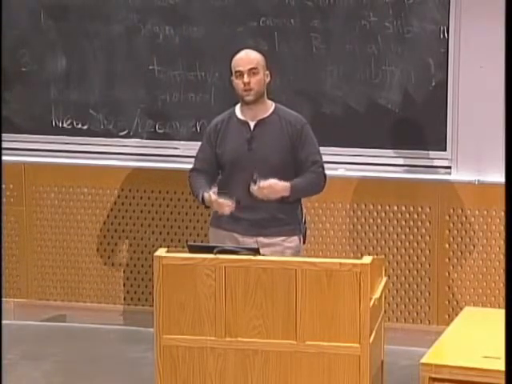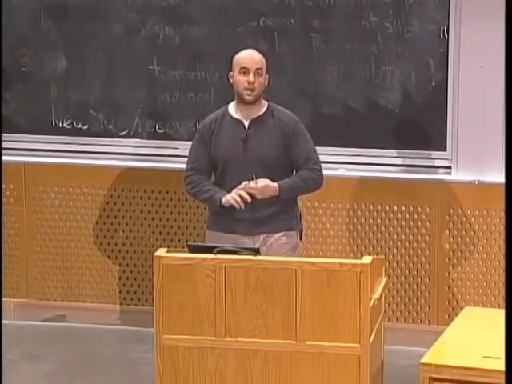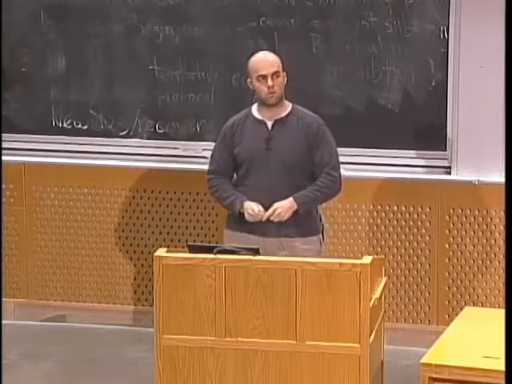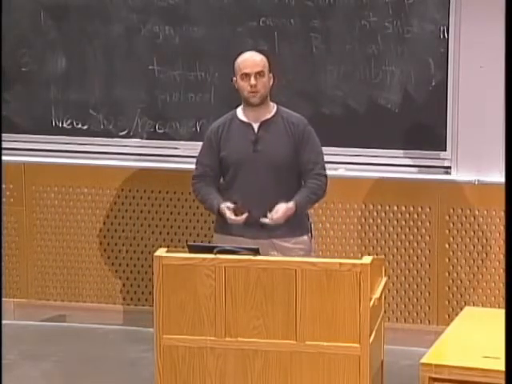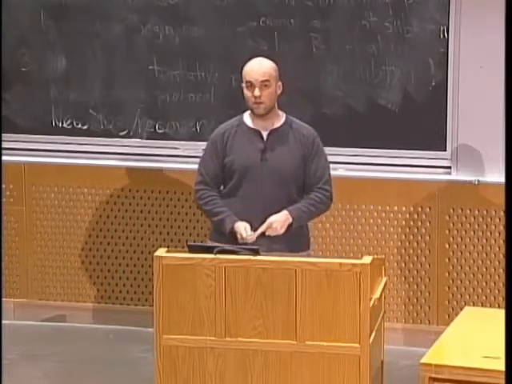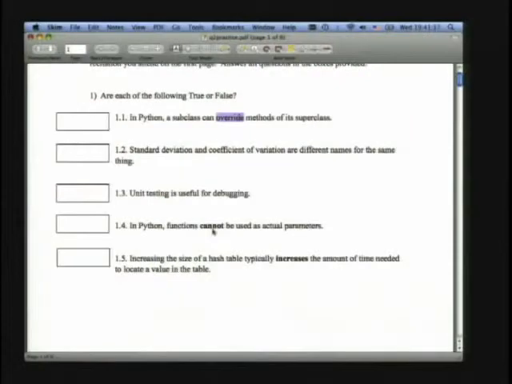So it's a way of detecting bugs and also verifying that any changes you make in the process of writing more functions for your program or modifying functionality don't introduce other bugs. Okay? All right.